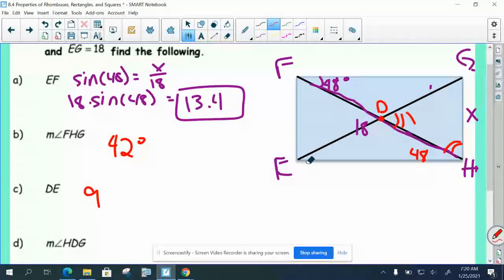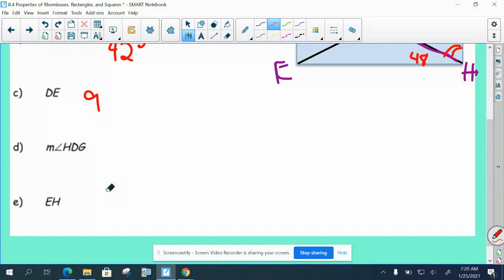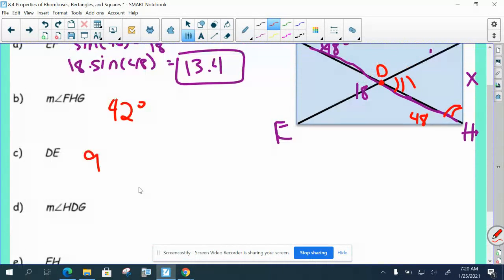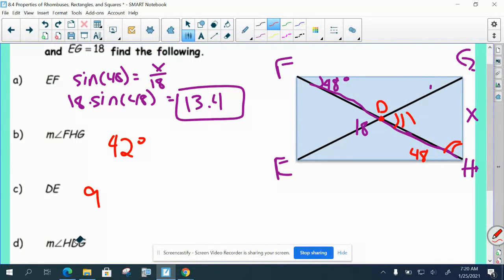So let's try to find what EH is. Does it ask us for EH? Oh, it asks us for EH down here. HDG. Okay, well, let's use what we know here.